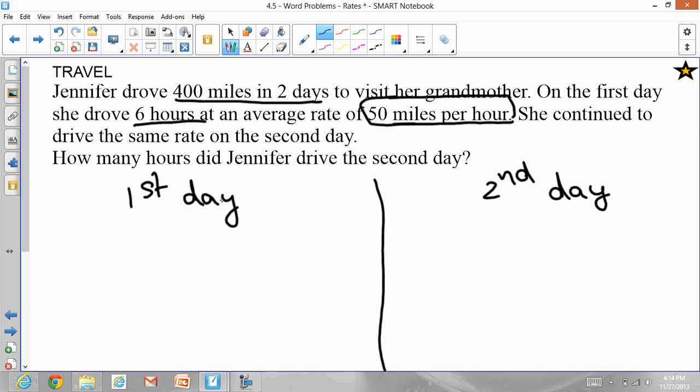So let's say miles, hour. She is traveling at a speed of 50 miles per hour, 1 hour. So in 1 hour, she can travel 50 miles. Now let's pick the information. On the first day, she drove 6 hours. So 6 hours is what she traveled. My last one is my M.